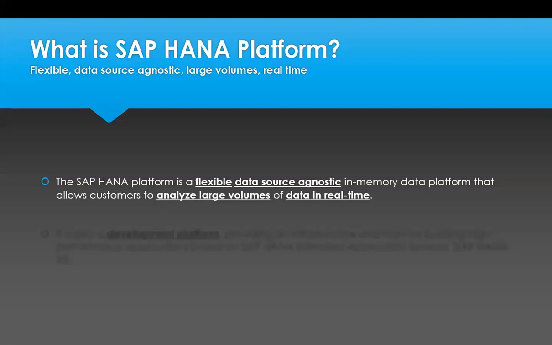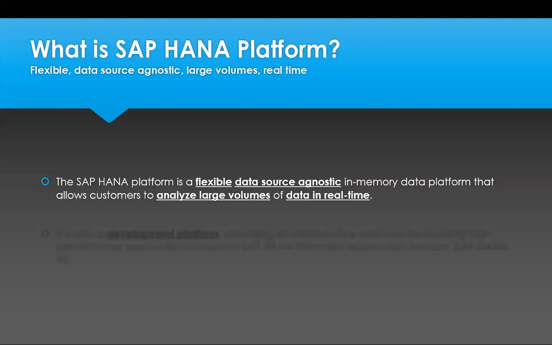It's quite flexible. By data source agnostic, this means that the data does not have to come from only SAP sources, like from SAP Business Suite applications like ECC, CRM, or BW, but it can also be sourced from any non-SAP sources like Teradata, DB2, Hadoop, or even Twitter feeds.